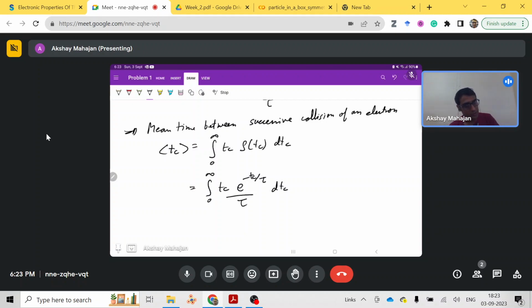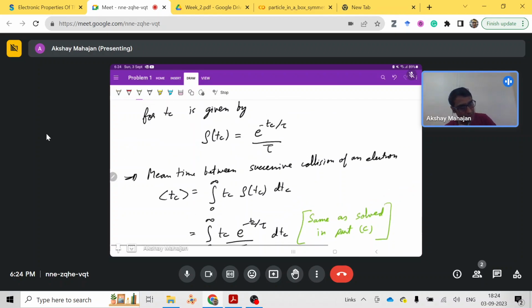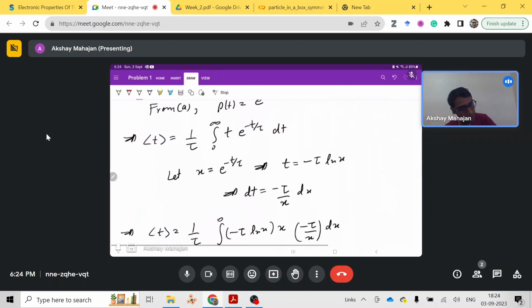And as you will see, it is the same as solved in part C. You can see that it is the same integration that we solved here.